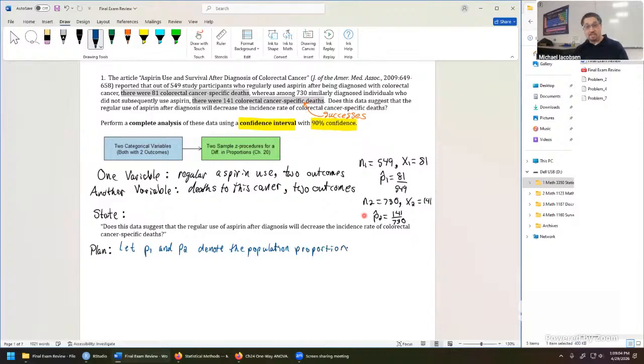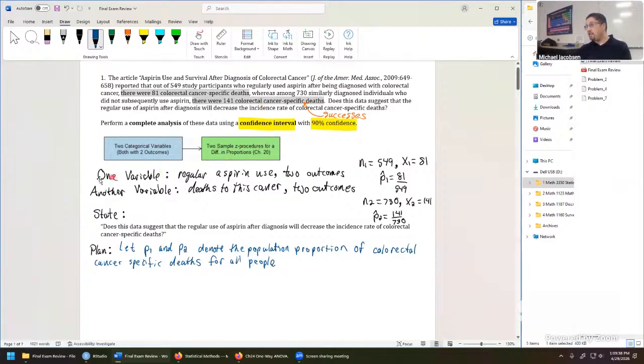We can't say successes. We have to say what the successes are in context. So we'll say proportion of colorectal cancer specific deaths for all people.